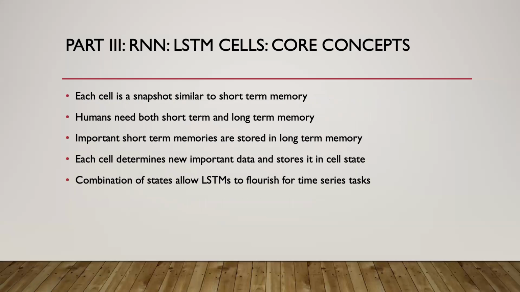And each cell determines which new information that it gets is important, which old information can be dropped, and the combination of all that allows the LSTM to perform a lot of tasks that basic simple RNNs have issues with.